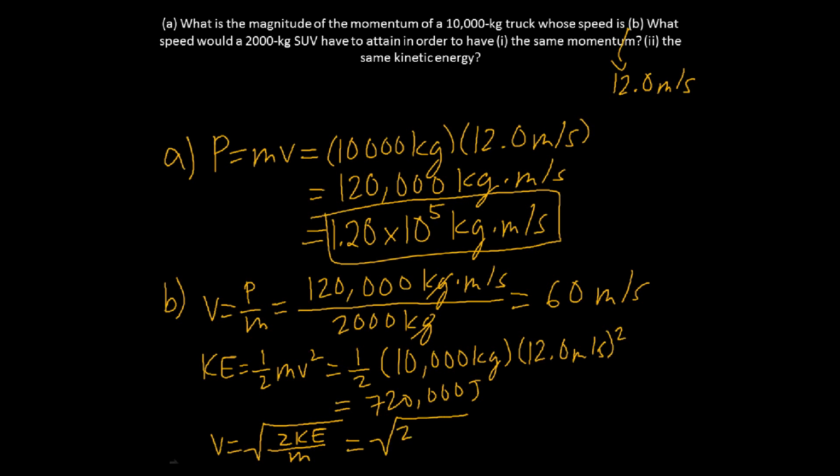So kinetic energy of the truck is 720,000 joules, and then the mass of the SUV is 2,000 kilograms.